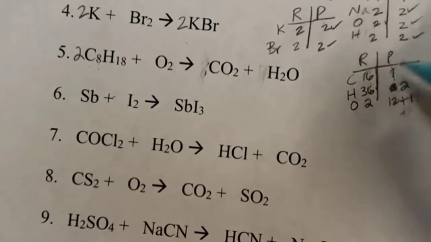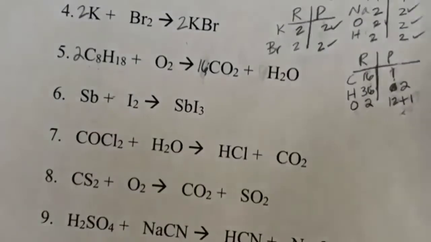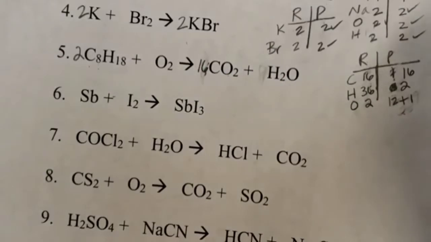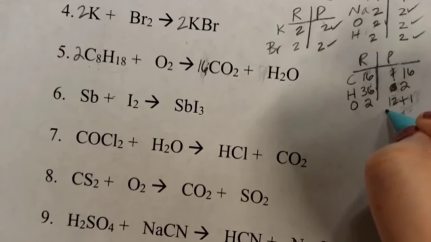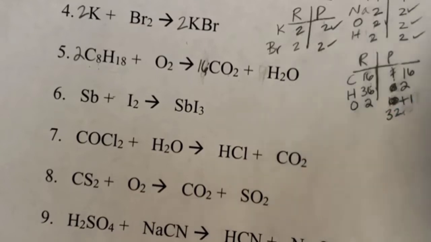Okay. Carbon, I need 16, so if I multiply this times 16, that is 16. 16 times 2 is 32. So now I've got 32 plus 1.